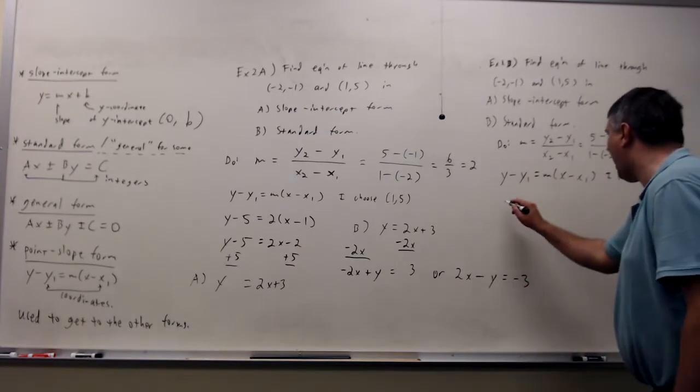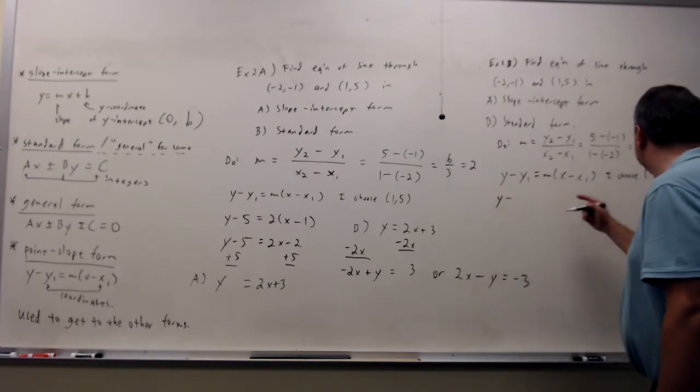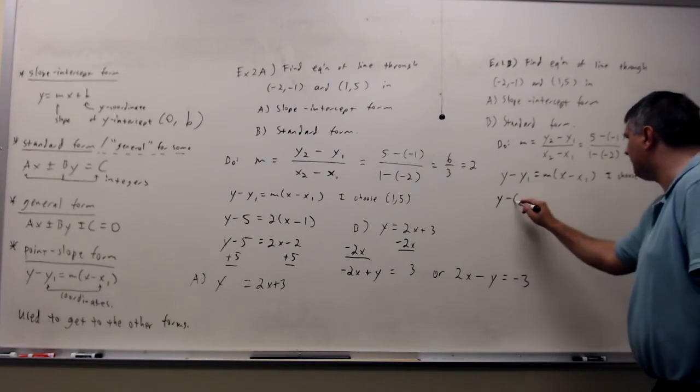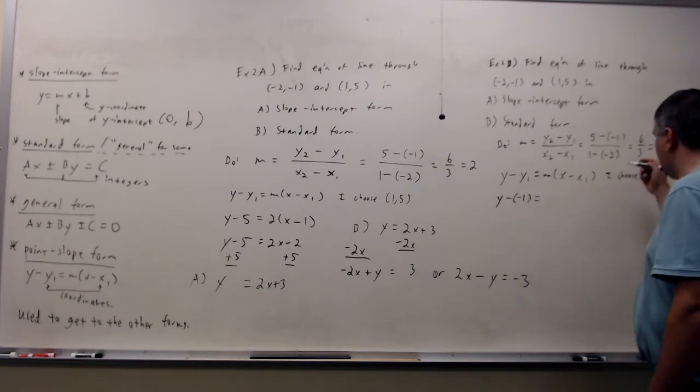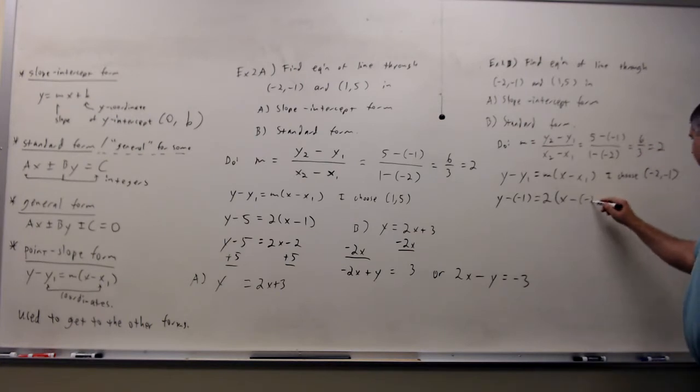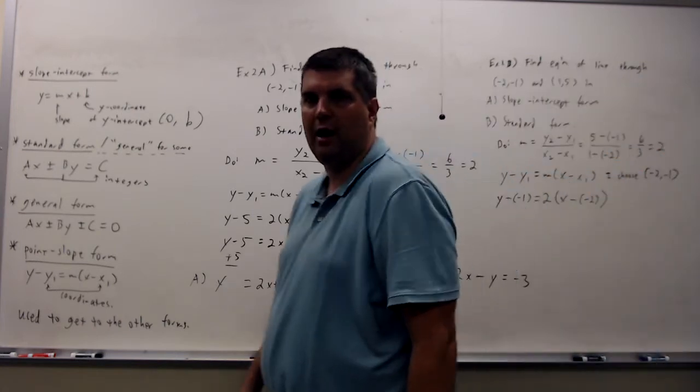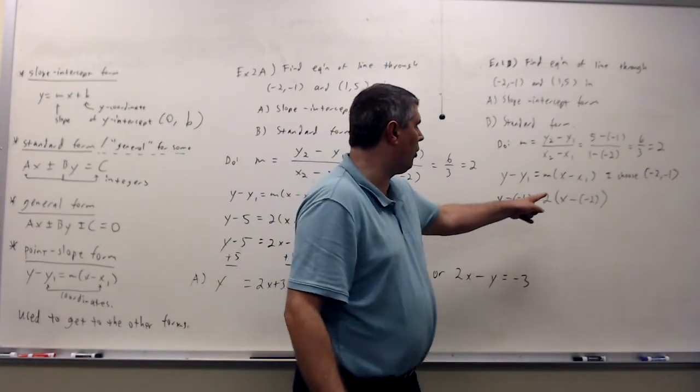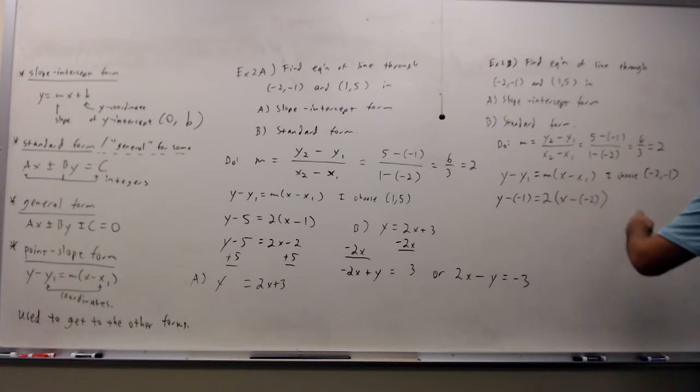Well, it'd be y minus -1 equals 2 times x minus -2. I'm doing a double parentheses for that one. Okay, a pair of parentheses for the negative coordinate, and then one from the formula.